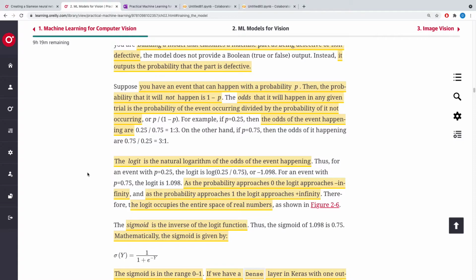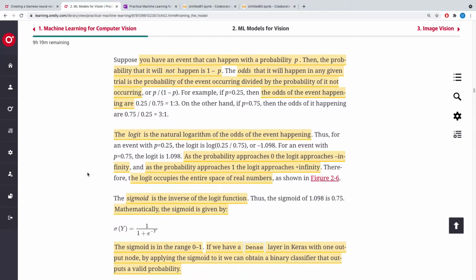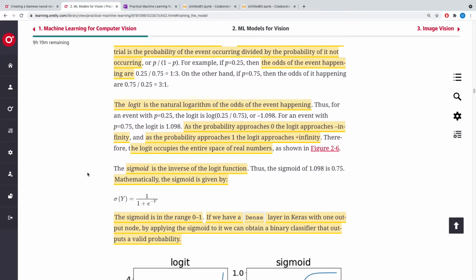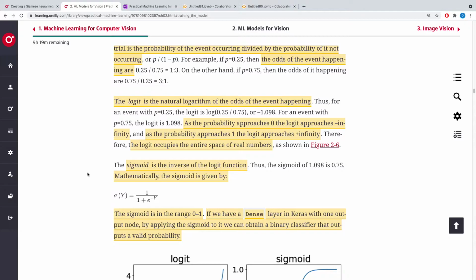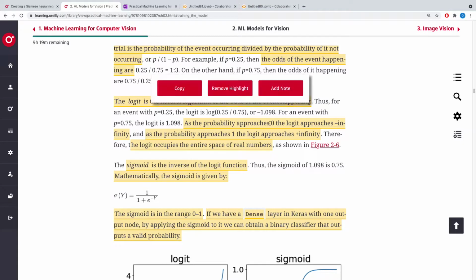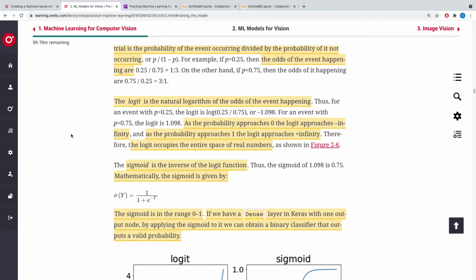All right, and now comes the concept of logit. Logit is a natural logarithm. When you take the log of the odds, you get what you refer to as the logit. So if p is 0.25, first you calculate the odds as we have done here, which is what's inside here.